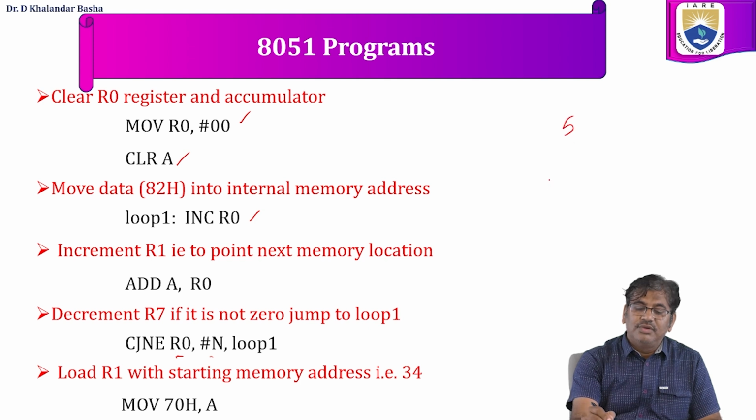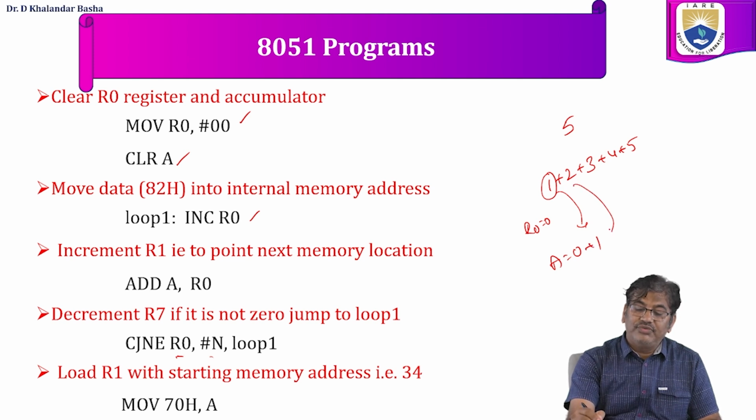If I give 5, we want to evaluate 1 plus 2 plus 3 plus 4 plus 5. Initially R0 is initialized to 0. Next we increment, which means 1 will be added to the accumulator. Initial accumulator is 0, so 1 is added.